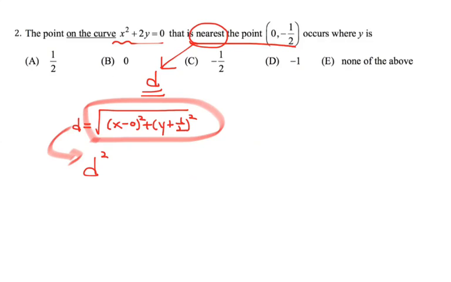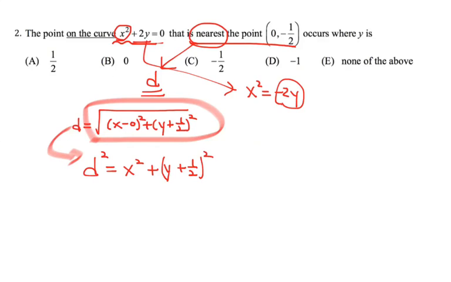D squared would have been equal to x squared plus (y plus 1/2) squared. But notice that here x squared is equal to -2y.